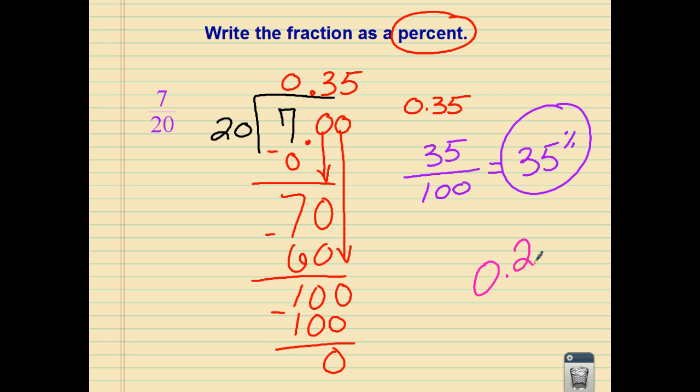Well, what can you always add to the end of a number, and it'll change its look, but it won't change its value when we're talking about decimals? Do you remember what we could add here? Okay, we could put a 0 at the end. And how would you read this one? We would read it as 20 hundredths, or 20%.